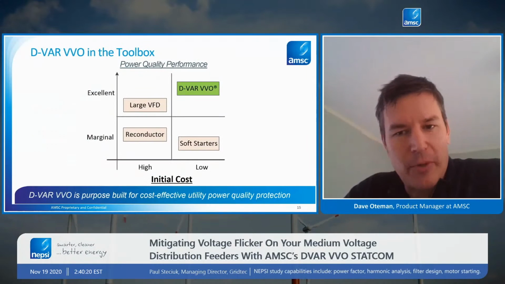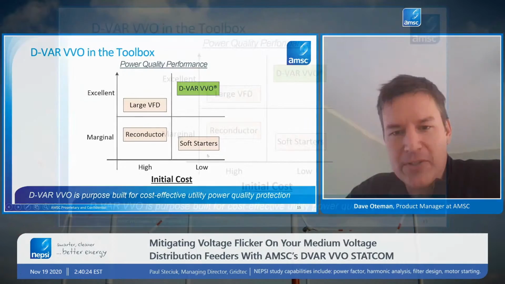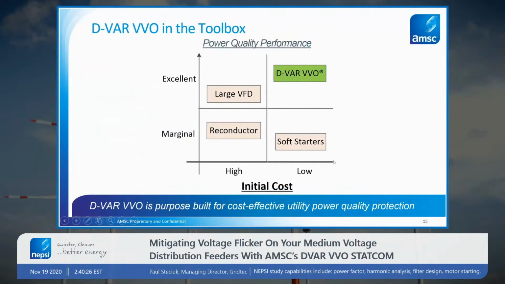And this just really summarizes what I just went through in this section. So just to recap, soft starters, while they're inexpensive, have a very marginal impact on the power quality issues. Larger VFDs can address these power quality issues, but we went through some of the limitations there. Specifically, they're not a site level solution. They have to be applied per motor.